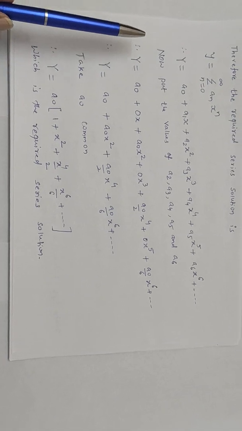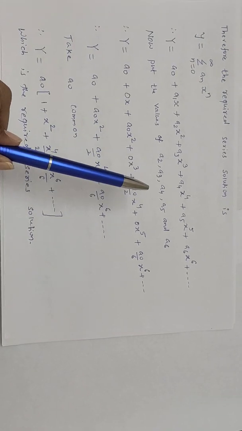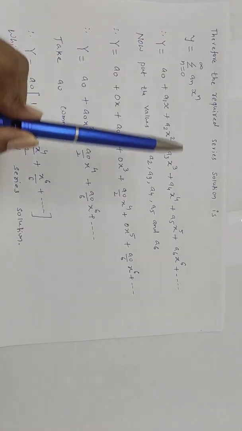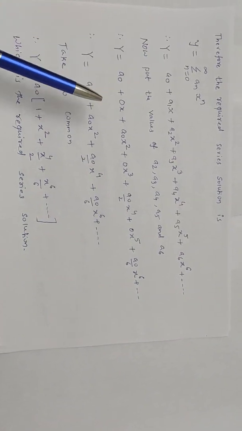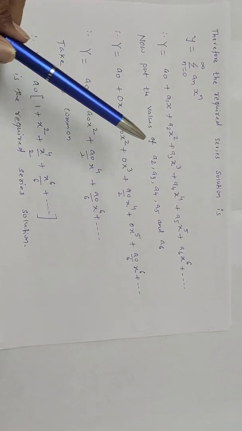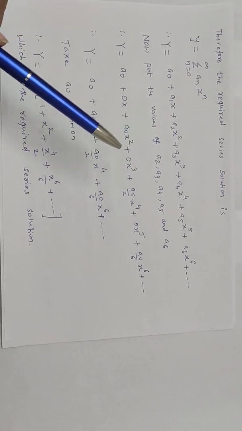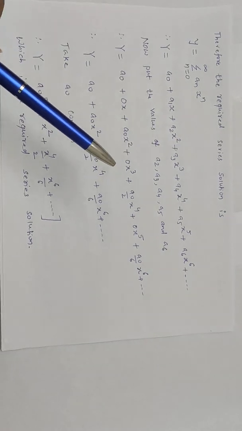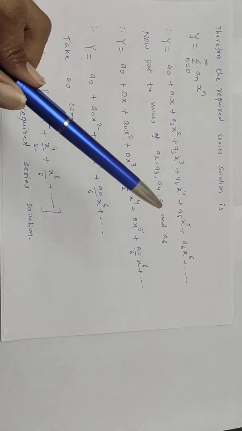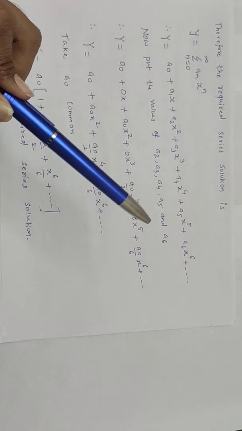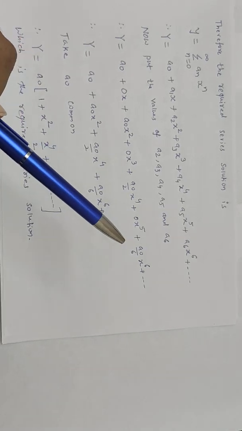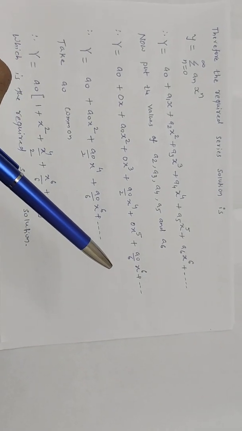Now put the values of a2, a3, a4, a5 and a6 in this solution. So a0 as it is, the value of a1 is 0, x as it is, plus the value of a2 is a0, x square as it is, the value of a3 is 0, x cube as it is, the value of a4 is a0 by 2, x raised to 4 as it is, the value of a5 is 0, x raised to 5 as it is, the value of a6 is a0 by 6 and x raised to 6 as it is.